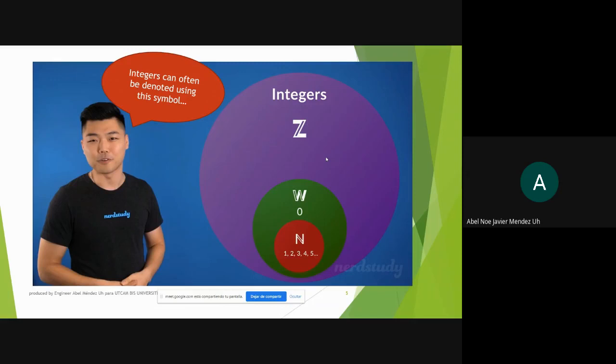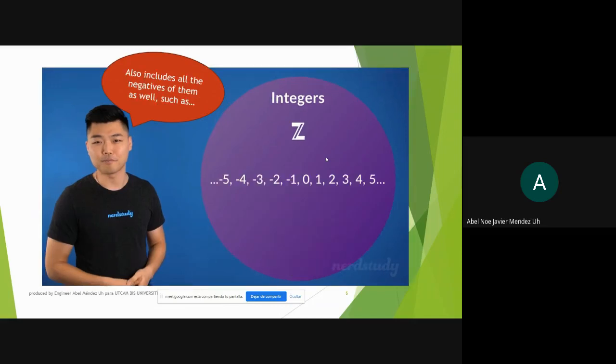What are the integers? The integers include the natural numbers and the whole numbers. Remember that natural numbers are what we know as counting numbers. Natural numbers are the same as counting numbers. Remember that.